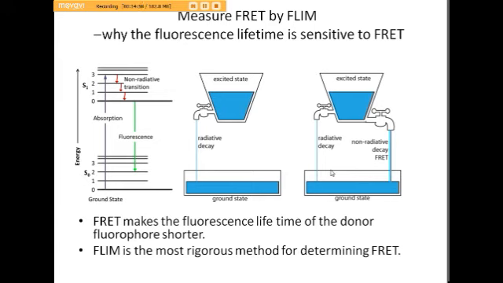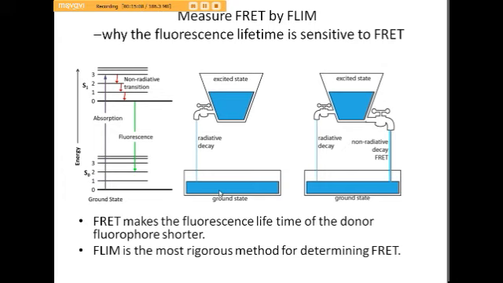Here is an analogy to help us understand why the fluorescence lifetime is sensitive to FRET. Here is the ground state. It's like a lower level water reservoir. And here is the excited state. It's a higher level water reservoir.